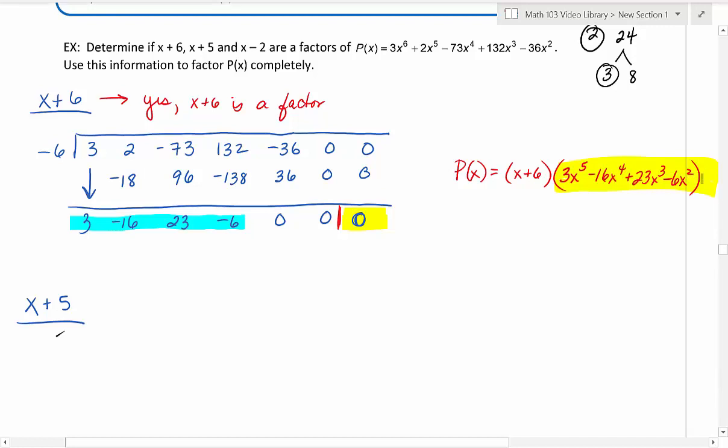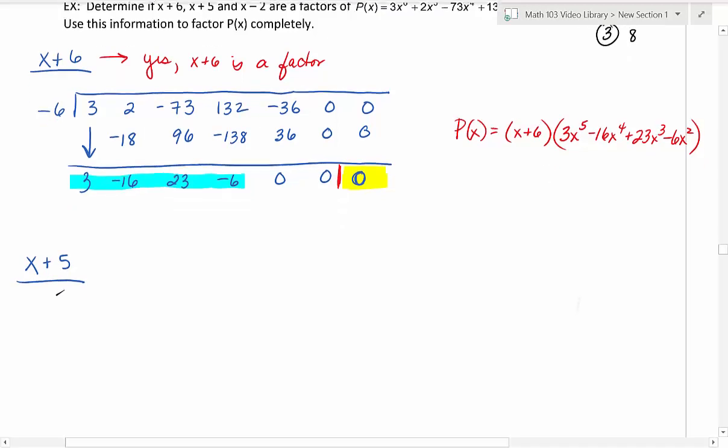Because if x plus 5 is a factor of that, then it'll be a factor of the original p of x. We could check it in the original, but that doesn't help us factor the polynomial. So we want to try to break it down further. So let's divide it into the 5th degree factor.